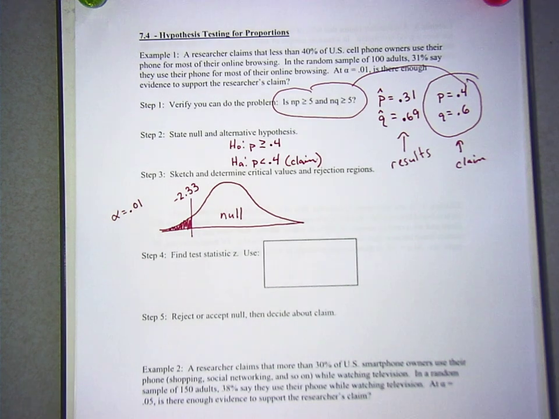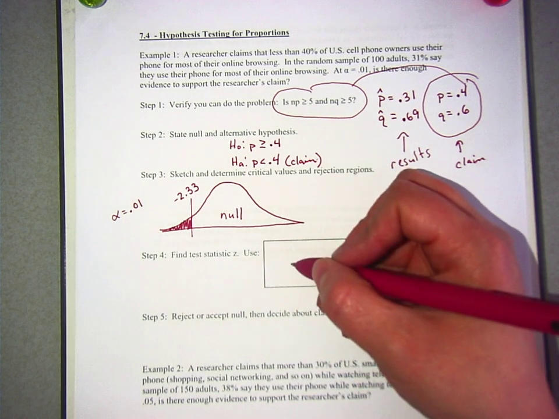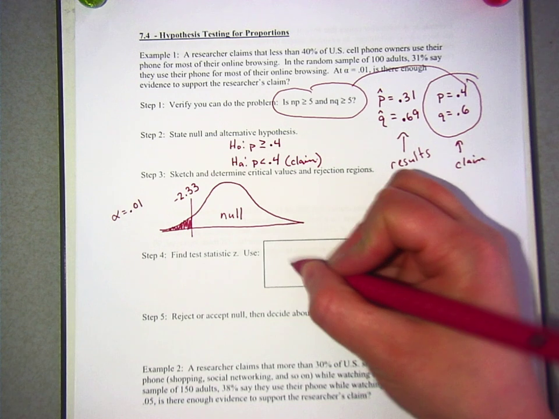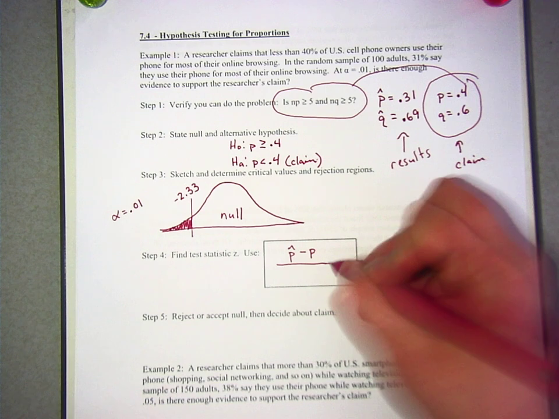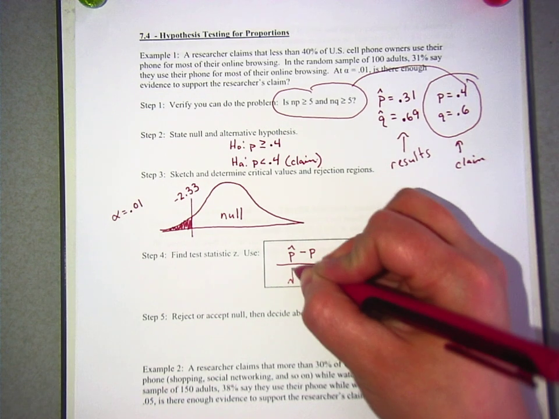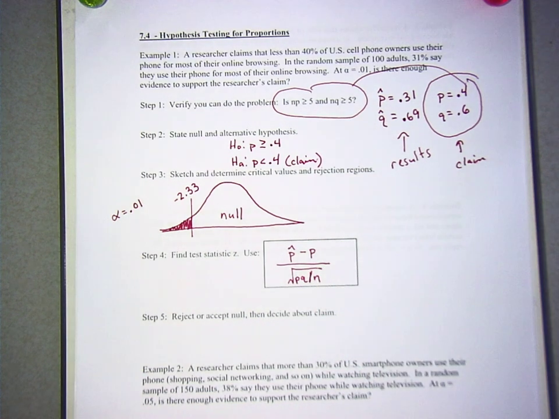The formula for the test statistic, so you know how normally it's x minus mu over sigma, right? So this one is p hat minus p over the square root of pq divided by n. All right, so let's write it out.